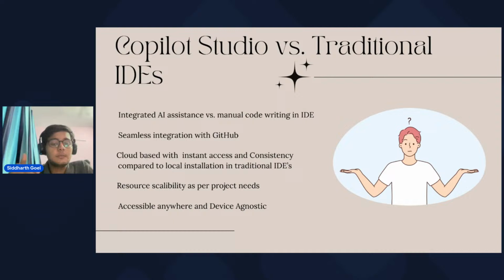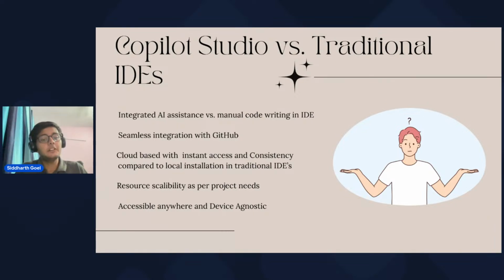Then next comes accessible anywhere and device agnostic. As I said, since it's a cloud-based solution, you can access your code anywhere, whether you are traveling or you don't have your machine. It's not an issue now. And device agnostic means it is independent of the device on which you are running. Let's say you have a low power device which does not support the development environment tools, but you can still access Copilot Studio, because the computation power required would not be of the machine which you are using.